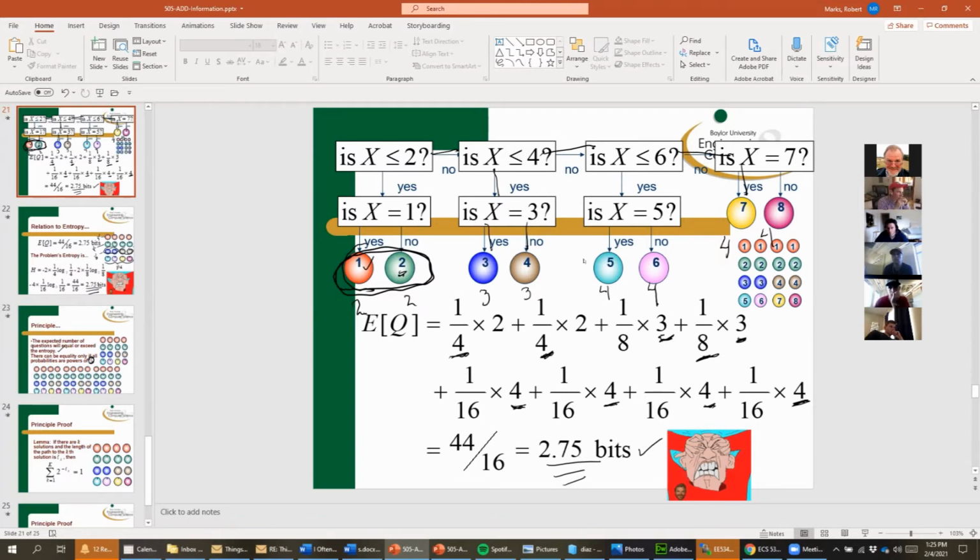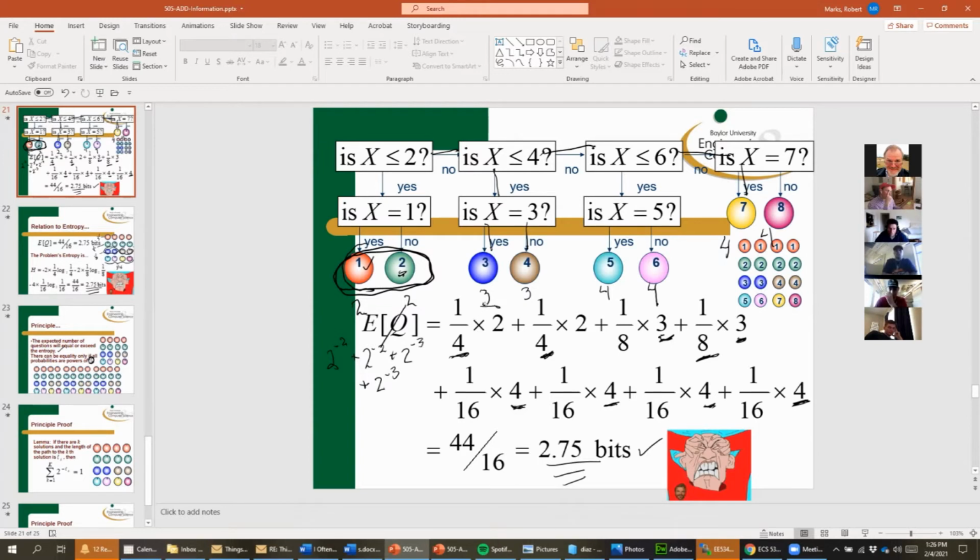These are the lengths of the trees. This takes 2 steps. And so what we're saying then is the following: 2 to the minus 2 plus 2 to the minus 2 plus 2 to the minus 3 plus 2 to the minus 3.